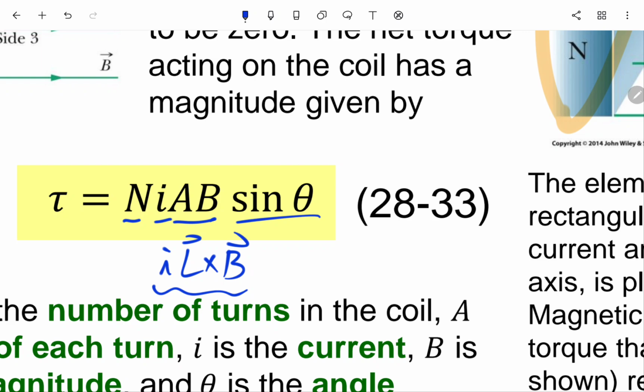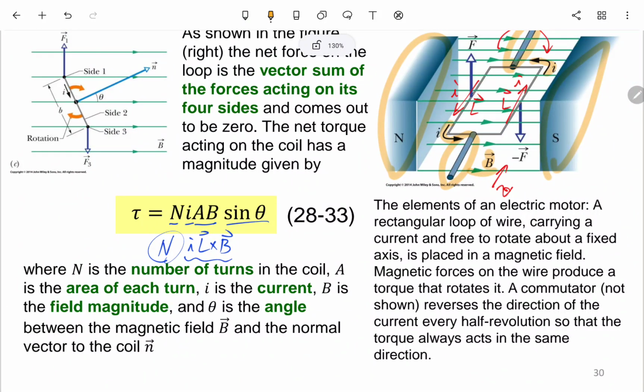This N is the number of turns. Capital N is for number of turns. You need to pay attention to whether it's a capital N or small n. Later on, there will be small n. We always use the capital N to specify the number of turns, and the small n means the number of turns per unit length.